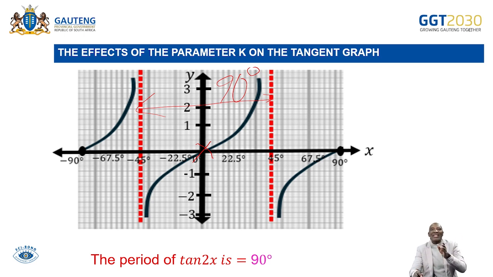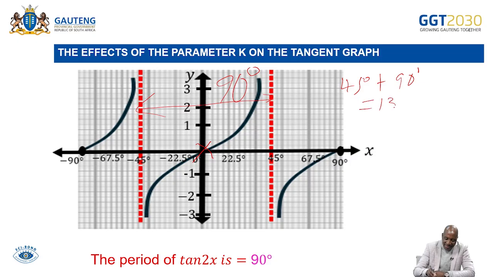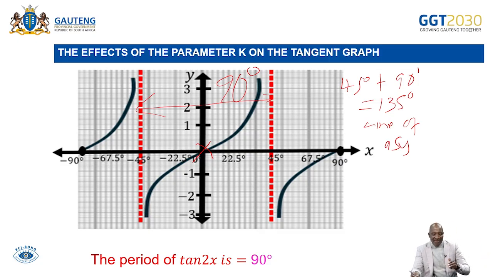So if I want to know the next line of asymptote, I will say 45 degrees plus 90 degrees, which will give me 135. It will be my next line of asymptote. Then if I subtract 90 from negative 45, on the other side, it will be now negative 135.